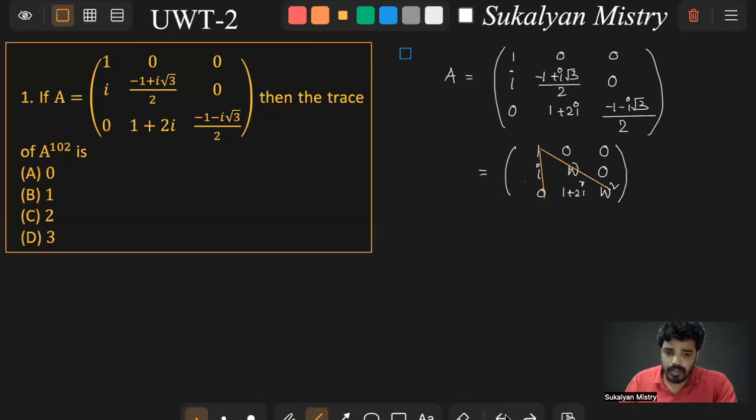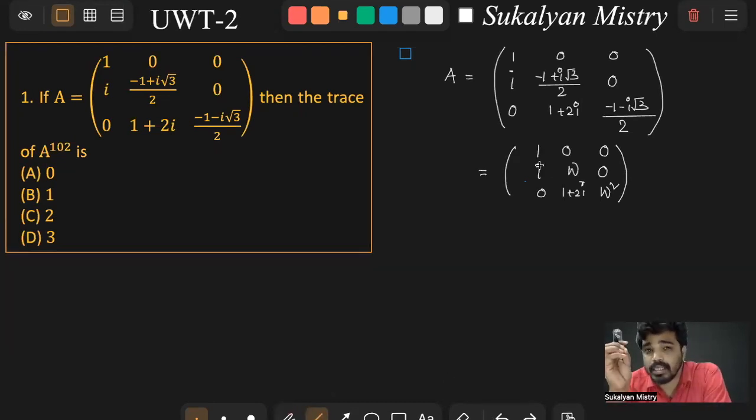Okay. We have to find the trace of A to the power 102. দেখো কোন একটা ম্যাট্রিক্স যদি আপার ট্রায়াঙ্গুলার হয় বা লোয়ার ট্রায়াঙ্গুলার হয় তাহলে এর আইগেন ভ্যালু গুলো কি হবে? জাস্ট এর ডায়াগোনাল এলিমেন্টস গুলো, রাইট?